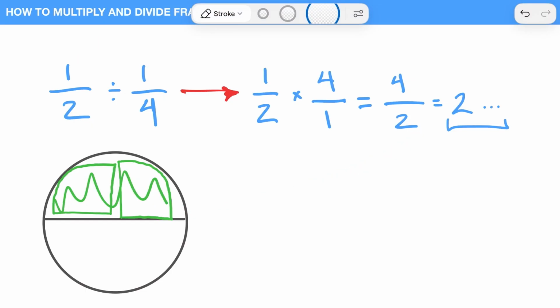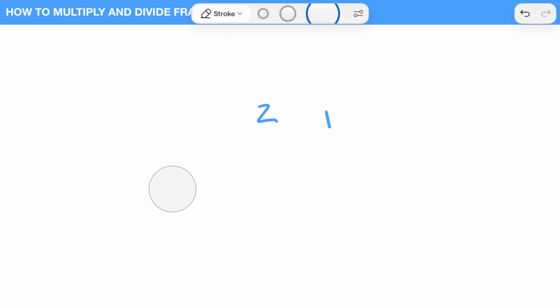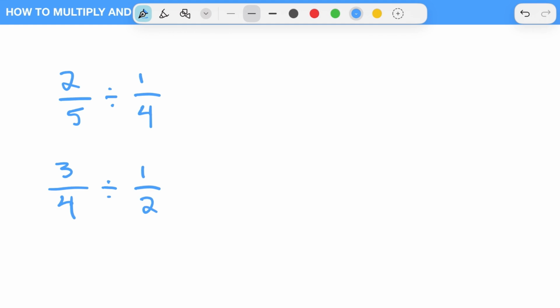But let's maybe go over a few examples just for some extra practice. I want you to try these. Let's say I want to do 2/5 divided by 1/4, 3/4 divided by 1/2, and let's go 6 over 8 divided by 2 over 3.